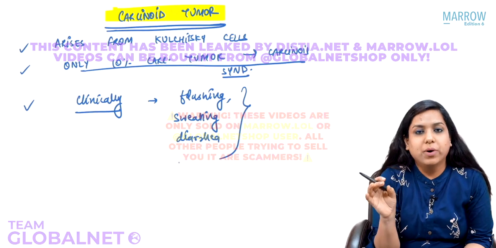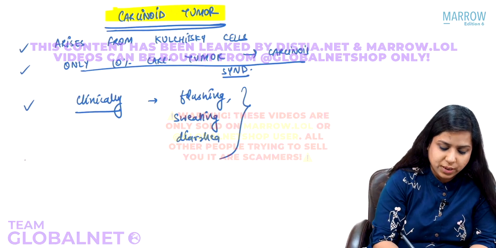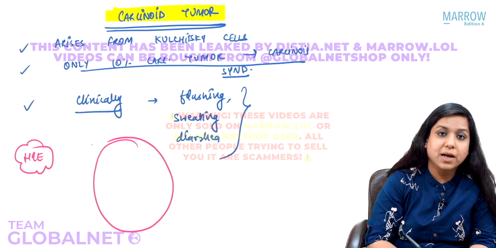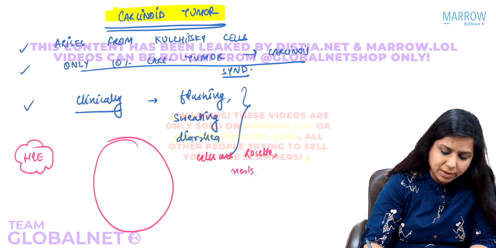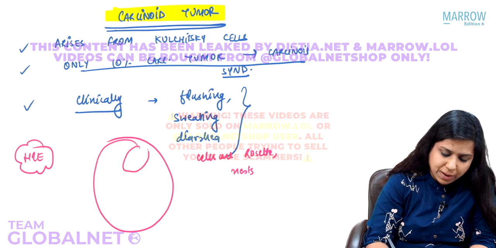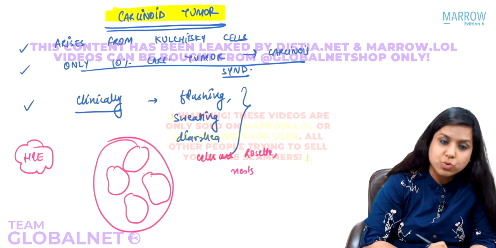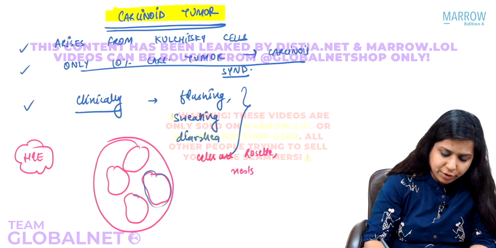Then students, what is important? The points which I have already discussed with all of you: what will you see on the histopathology of a carcinoid tumor? Suppose that's the slide, what will you see? The cells are present in a rosette-like or nest-like pattern, separated by fibrovascular stroma.